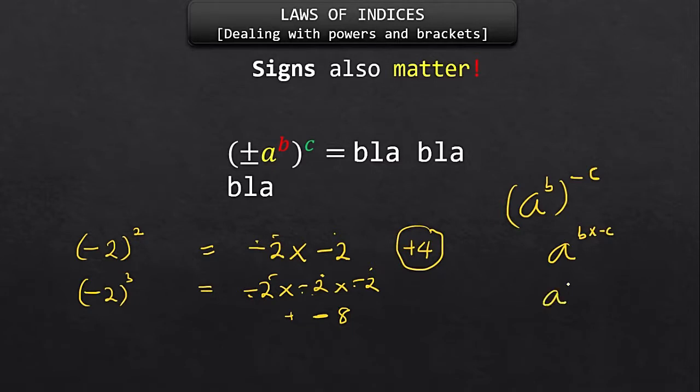So it's going to be a raised to power minus bc. So these powers and these signs, negative sign and positive sign, play a vital role in dealing with indices. Almost everywhere in mathematics, signs are very important. The negative sign can affect everything, and the positive sign can also change everything.